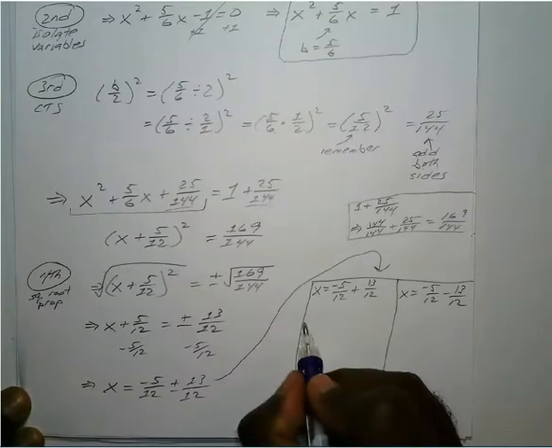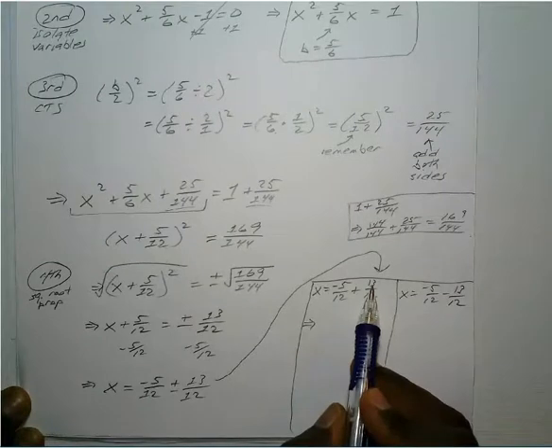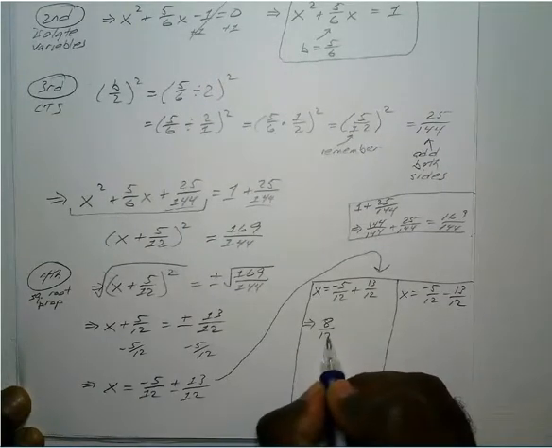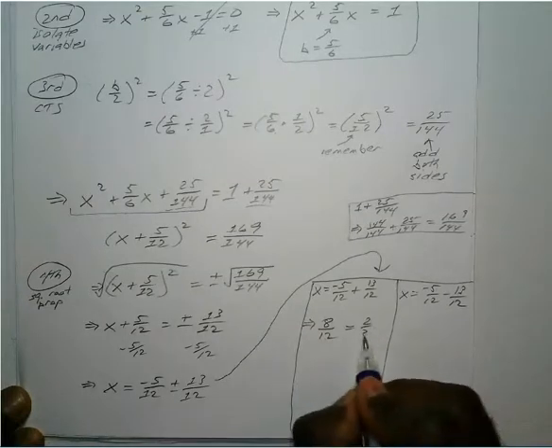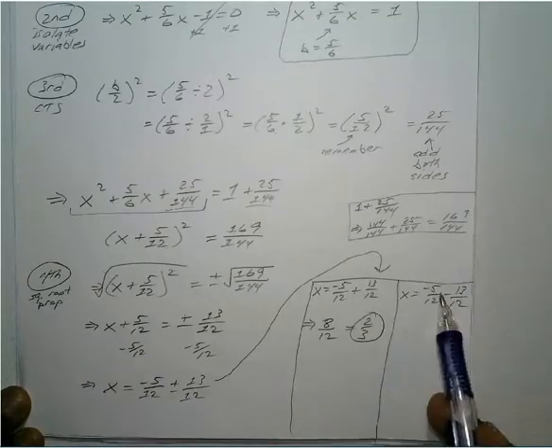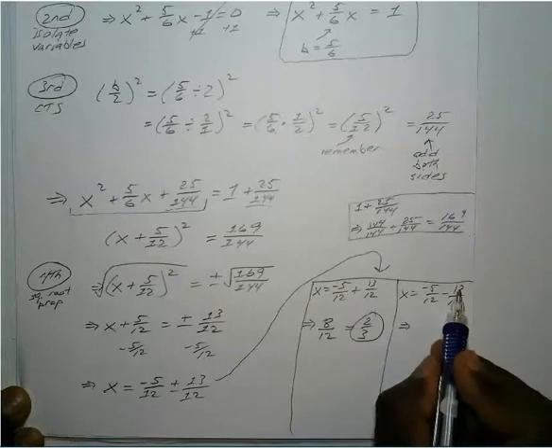Okay, so for this one, we have negative 5 plus 13. That's positive 8. So you have 8 over 12, which simplifies to be 2 over 3. So x equals 2/3, one of our answers. And for this one, negative 5 minus 13 is negative 18.